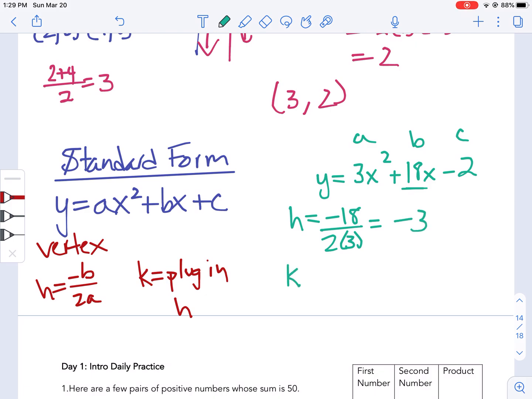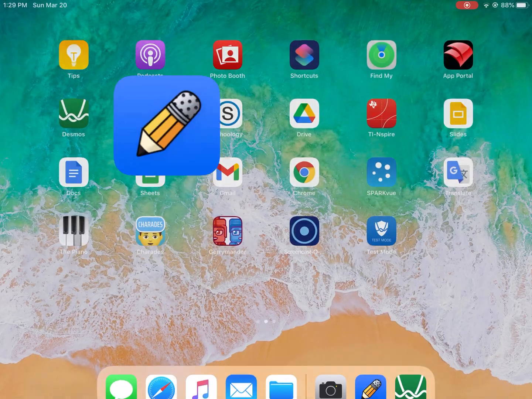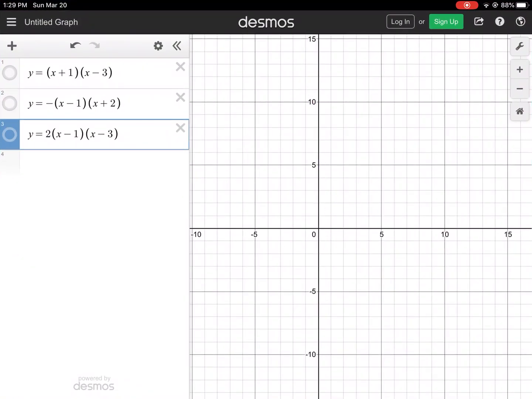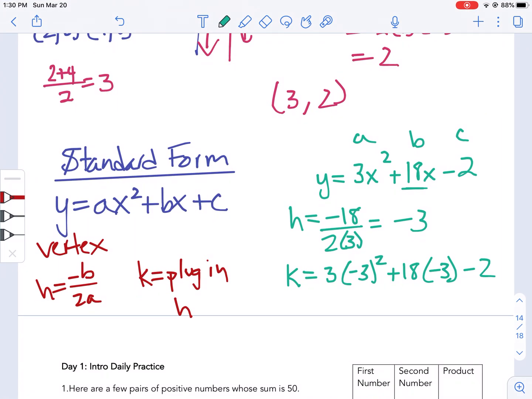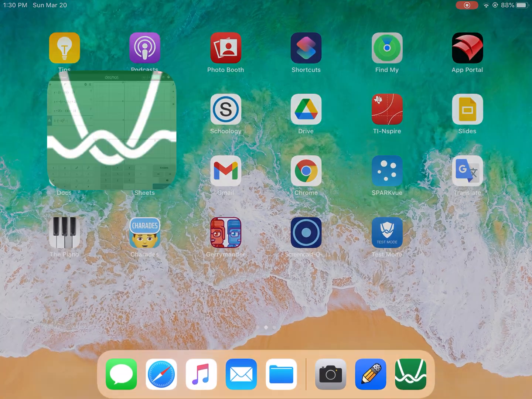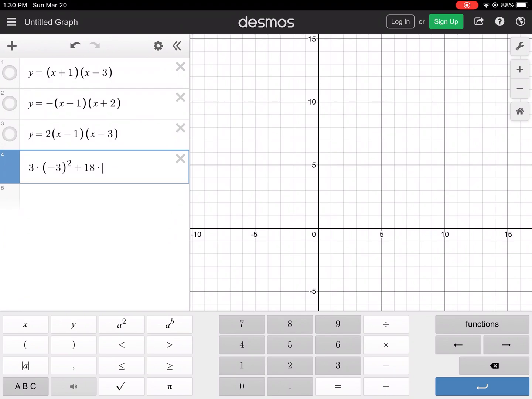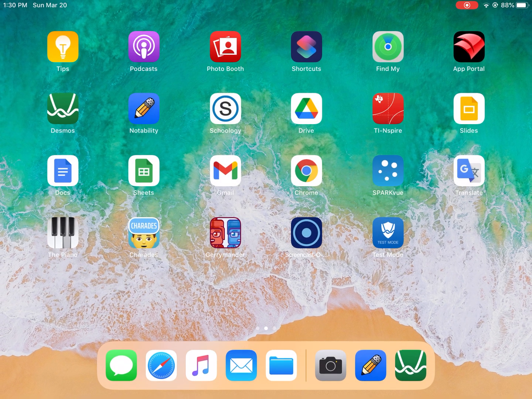And to find our k value, we have to plug it in. So 3 times (-3)^2 plus 18 times -3 minus 2, and it tells us -29.